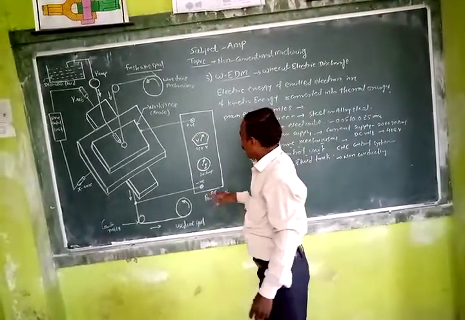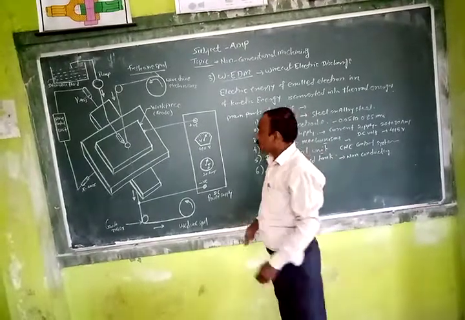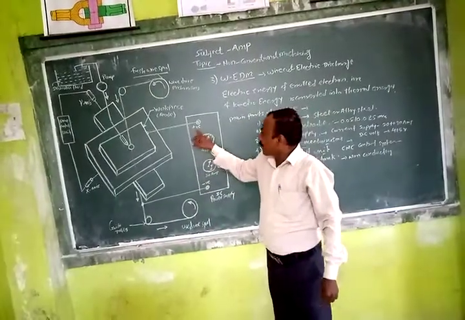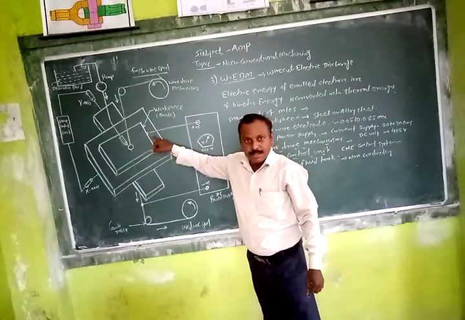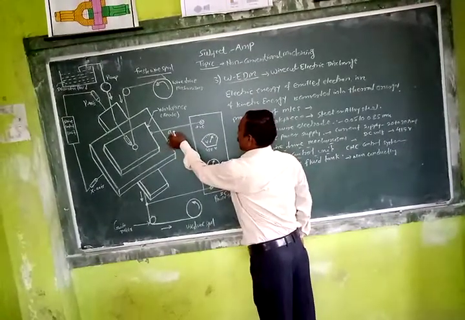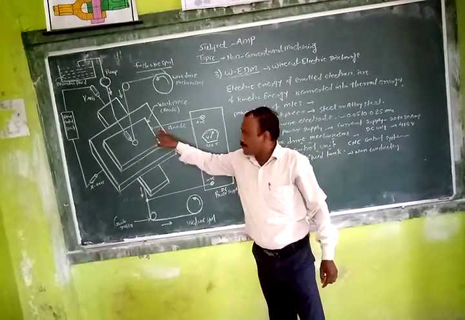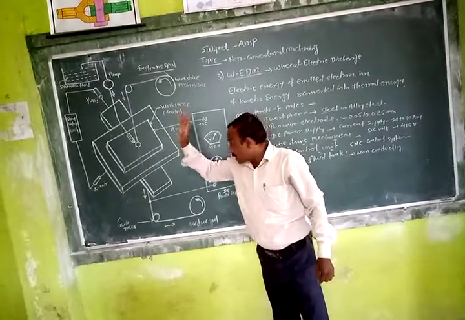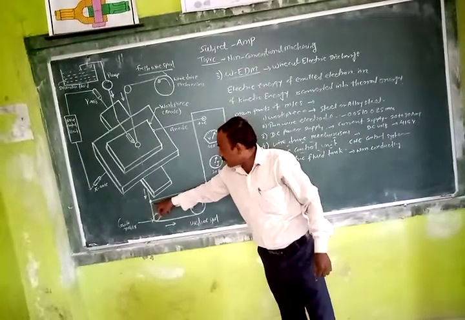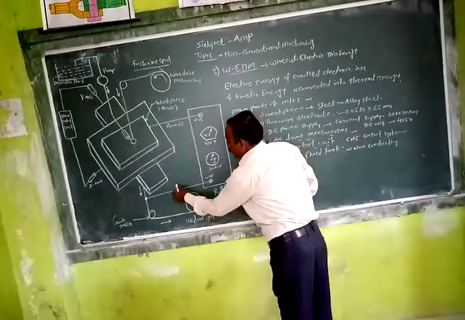Now, the DC power supply has two points connected. The positive terminal, called the anode, is connected to the workpiece, and the other point, the cathode, is connected to the thin wire electrode.